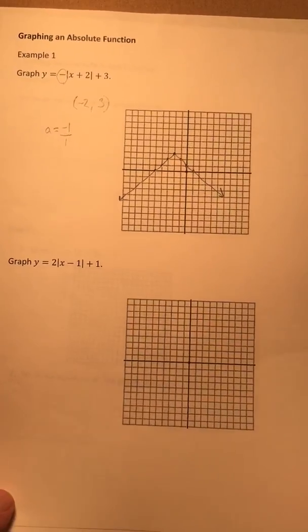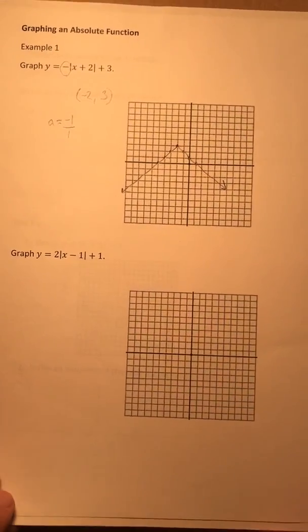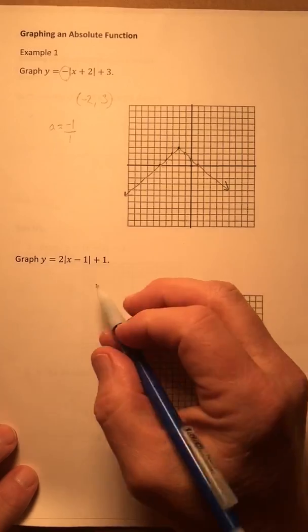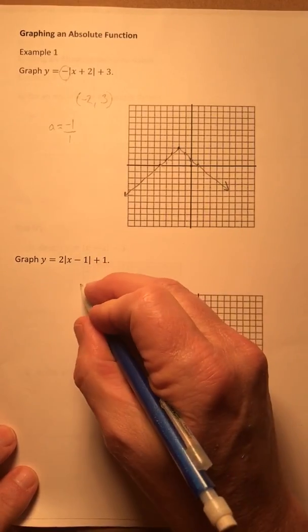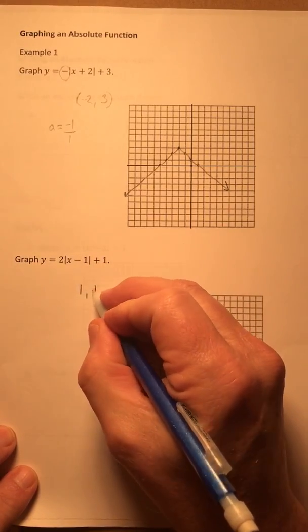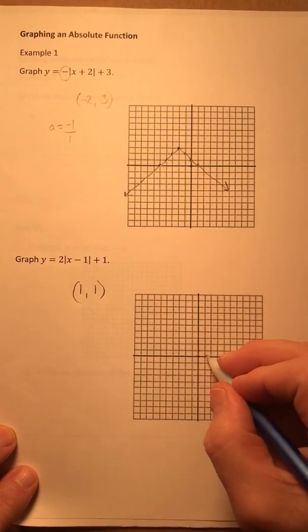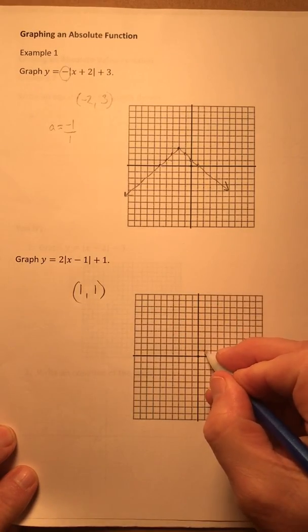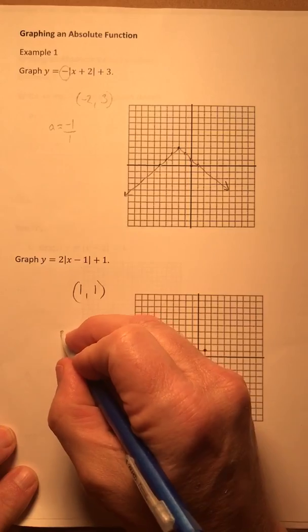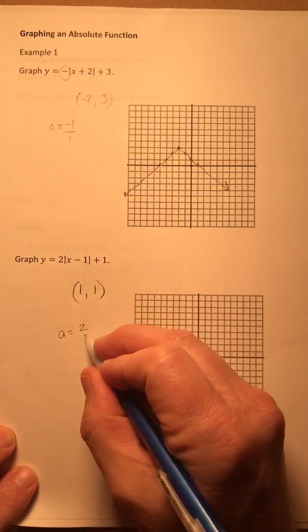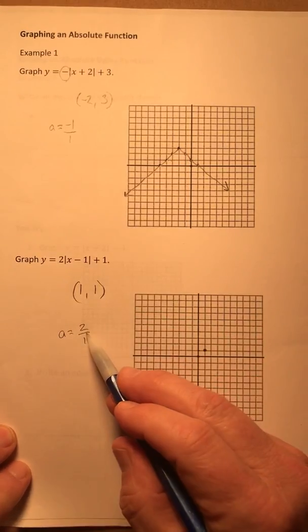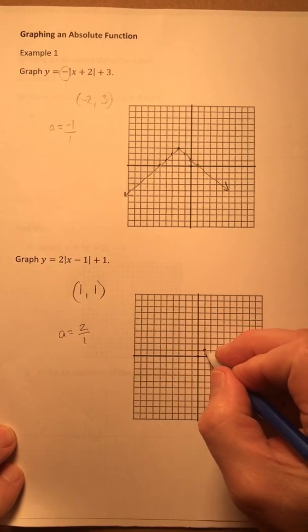All right, so I'll show you another one. Again, this is still example 1. Again, we go opposite, so it's going to be +1, and we keep that sign, so +1, 1. So over 1, up 1, we start. Our a this time is equal to 2. We make it into a fraction, and now we're going to go up 2 over 1, but again, in both directions.